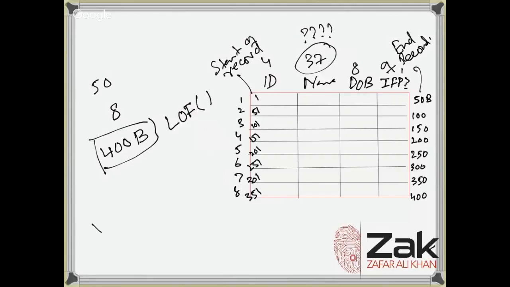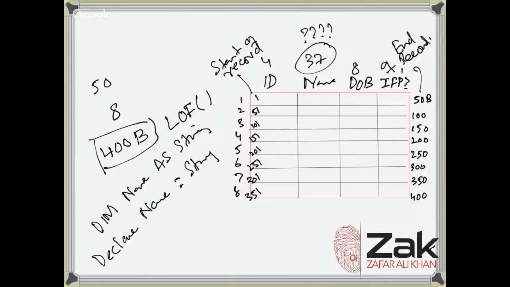So let's say if I dim name as a string, or declare name as a string. So in pseudocode, I'll make it 37 fixed.